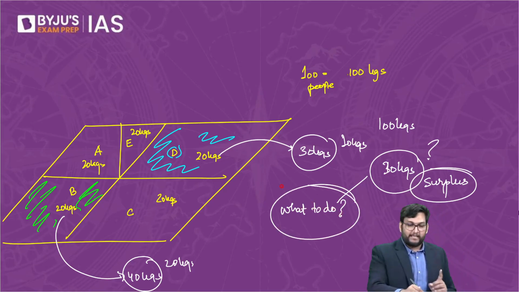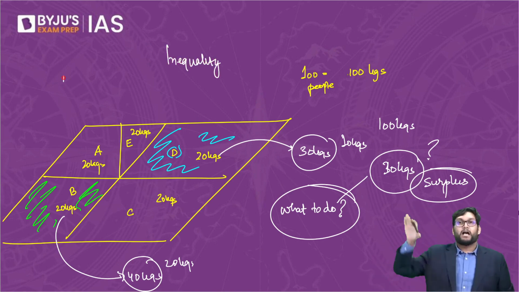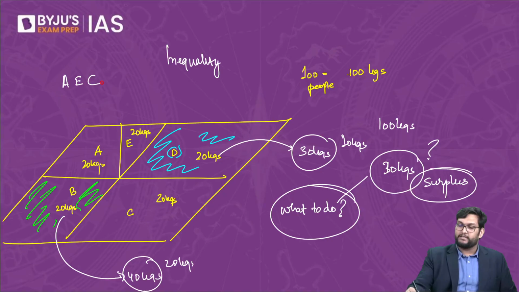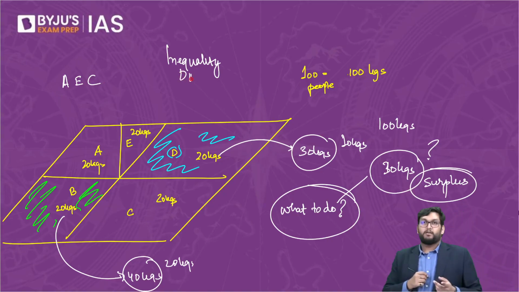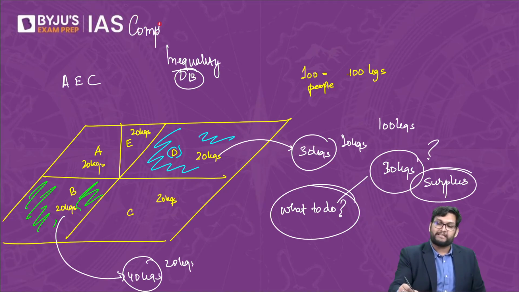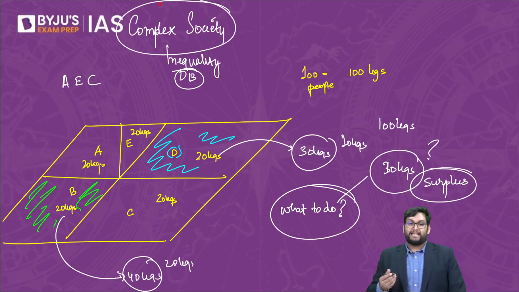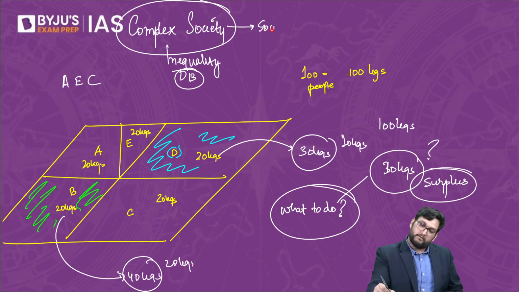Now, what to do with this? First, inequality has come, because A, E, and C are lower than D and B. So therefore, we have the rise of what is called complex society, which is society based on divisions.